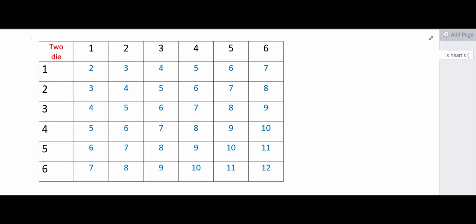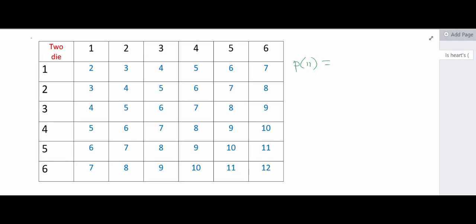So what's the probability of rolling, I don't know, an 11? Well, let's take a look at our sample space, which is in blue on this chart. There are two dice, and each die can roll any number between 1 and 6.